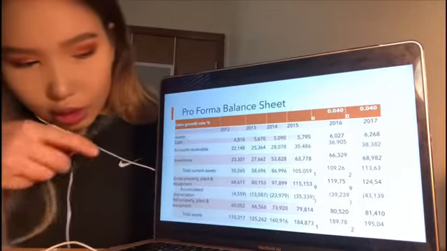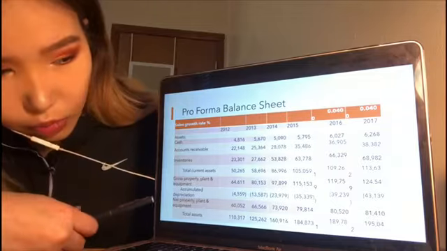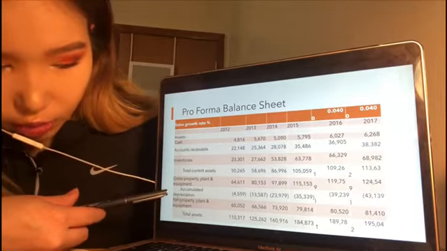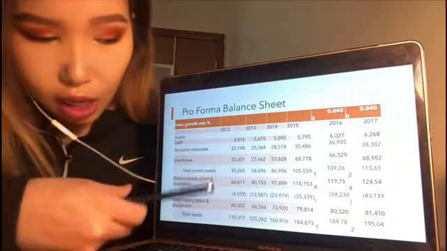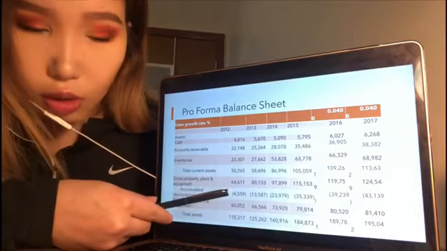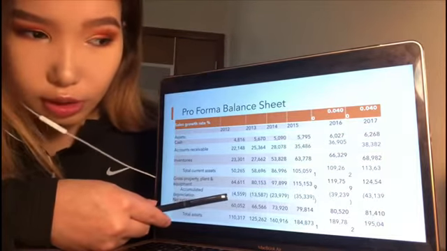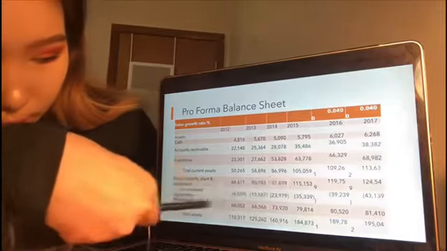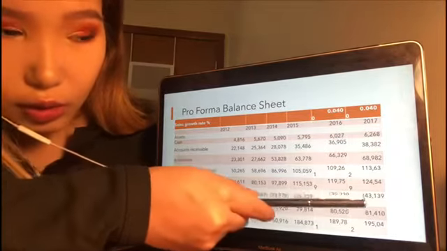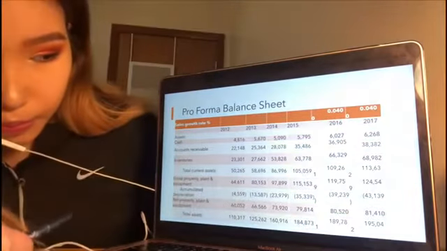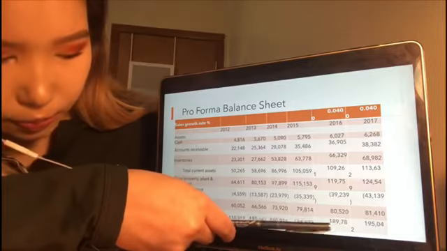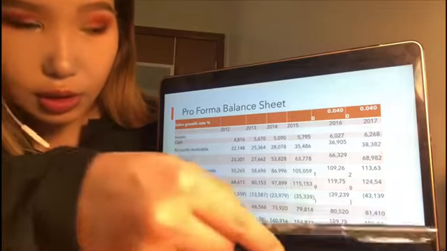As for the assets, everything was multiplied by 4%, and then the accumulated depreciation was found by subtracting the new depreciation from the old one from the previous years, and then we found negative depreciation for the 2 years as shown here, and this was our estimated projected total assets for the 2 years.